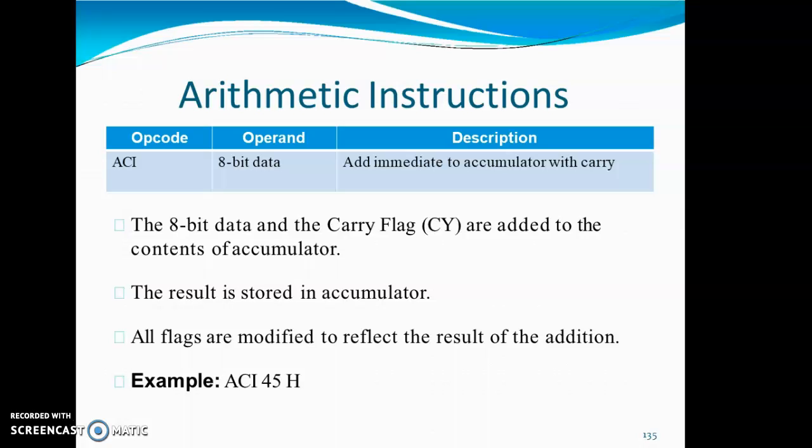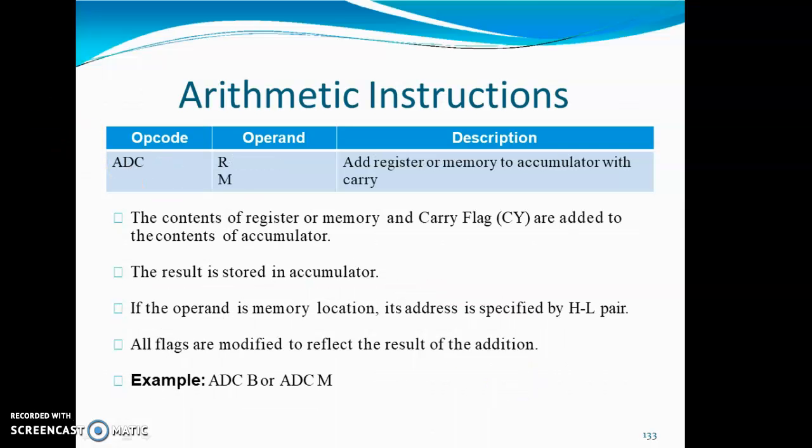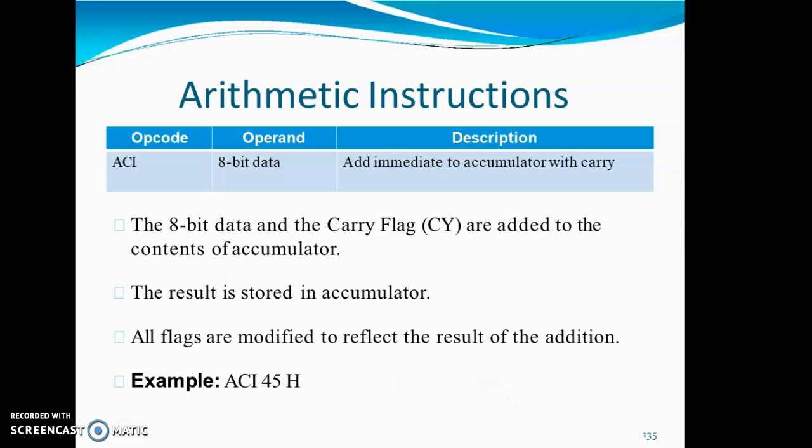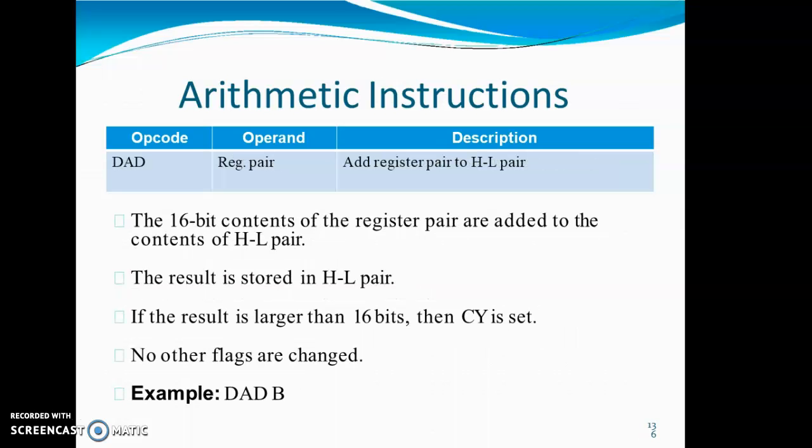ACI, add immediate with carry, means 8-bit data and the carry flag are added to the accumulator, just like ADC. ADC operates on the register as well as the memory location, and here it is operated with the carry flag. Once the carry is there, then all the flags again get affected. DAD is for the register pair.